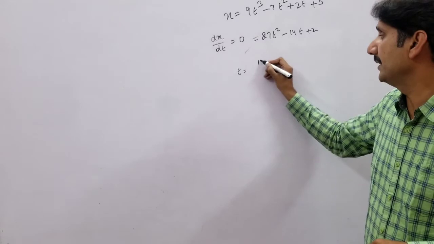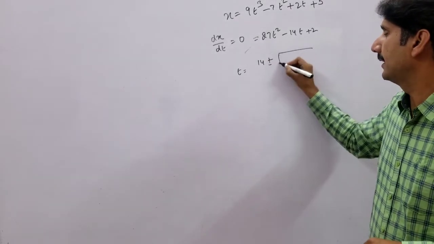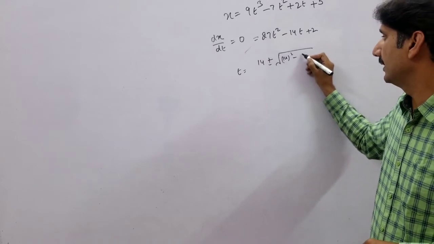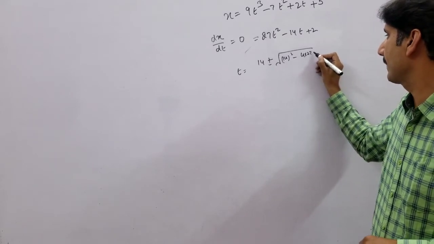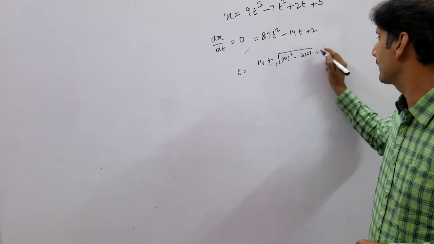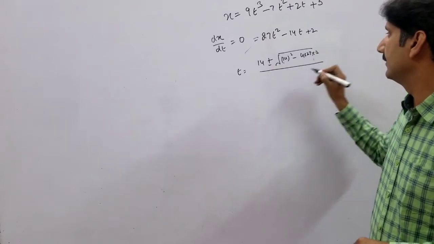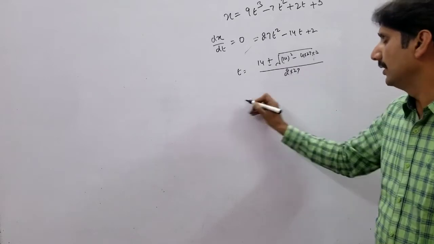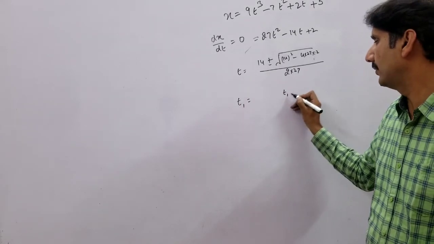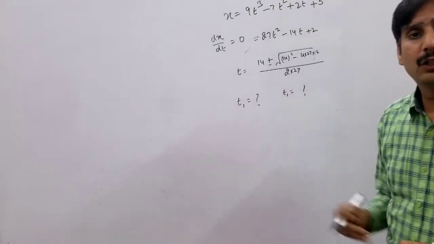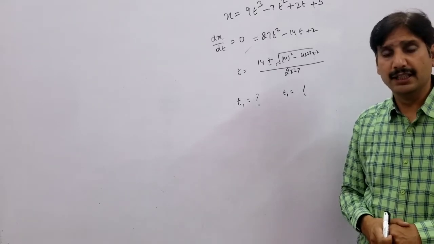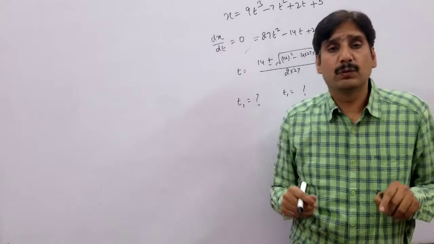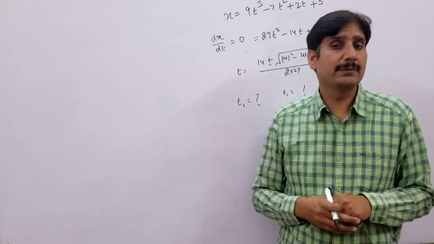It is minus b plus minus under the root b square minus 4ac divided by 2a. You will get two values of time. Obtain those values. These were the two times when the position of the body was either maximum or minimum.